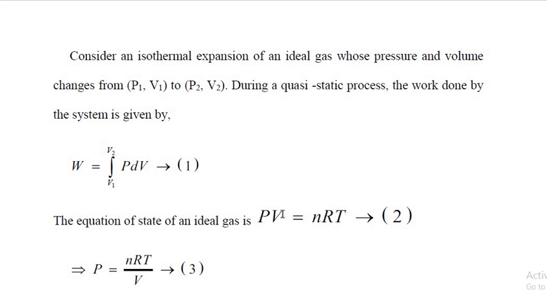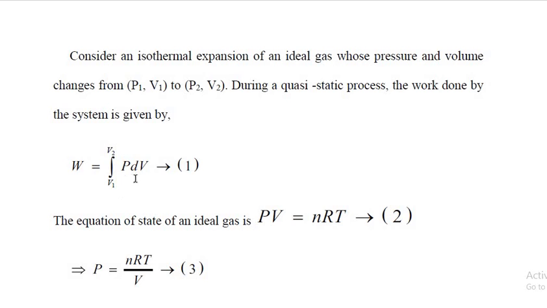During a quasi-static process, the work done by the system is given by W is equal to the integral from V1 to V2 of P dV. What do you mean by a quasi-static process? It is a slowly changing process which continues to keep the system in internal thermodynamic equilibrium.